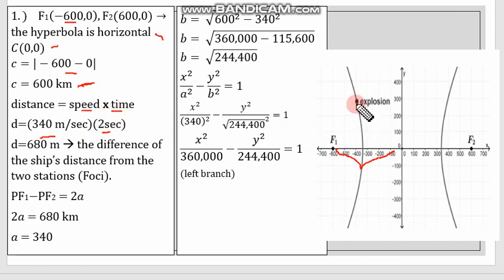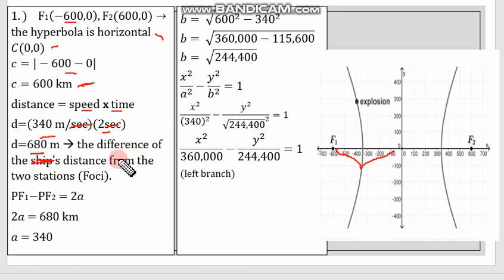From any point here, 2 seconds later the explosion is received at focus 2. So 340 meters per second times 2 seconds. The second unit cancels, leaving 340 meters times 2. 340 times 2 is 680 meters.